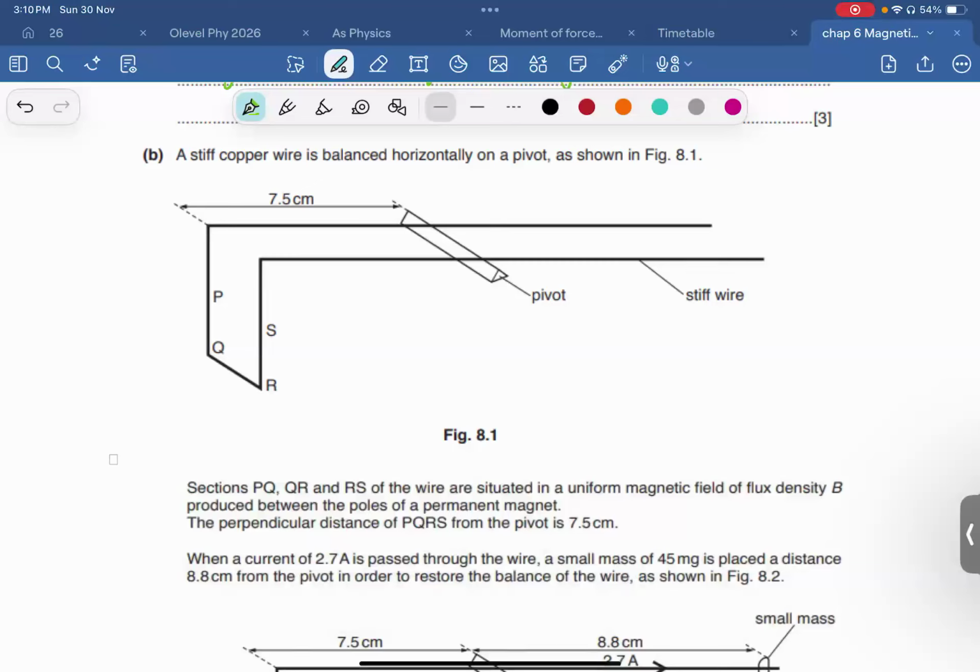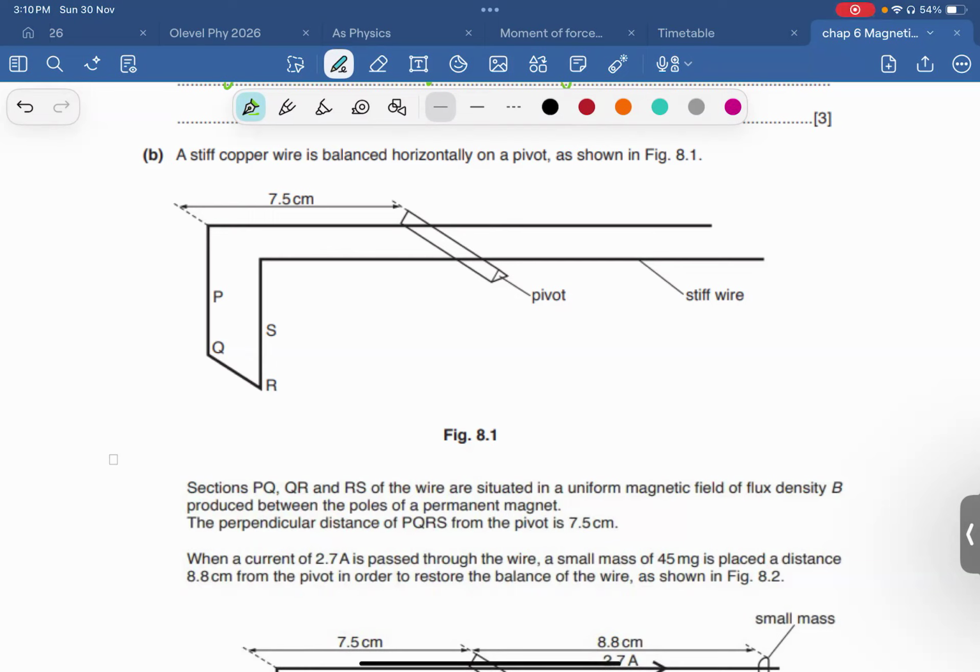A stiff copper wire is balanced horizontally on a pivot as shown in figure 8.1. Sections PQ, QR, and RS of the wire are situated in a uniform magnetic field of flux density B, produced between the poles of a permanent magnet. The perpendicular distance of PQRS from the pivot is 7.5 centimeters.